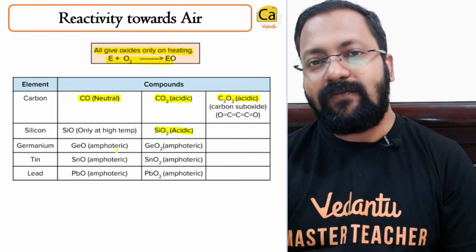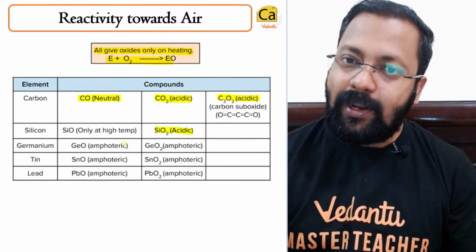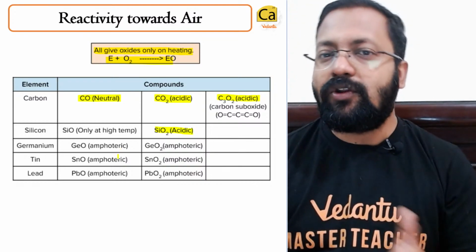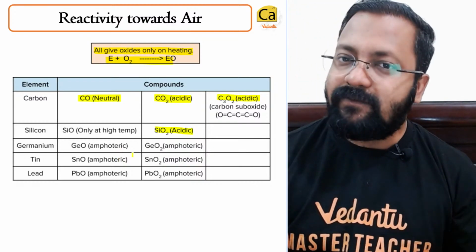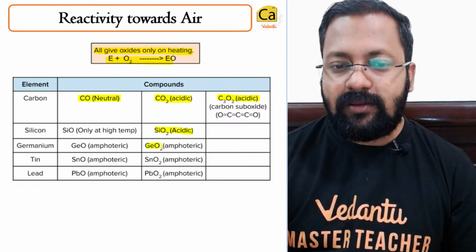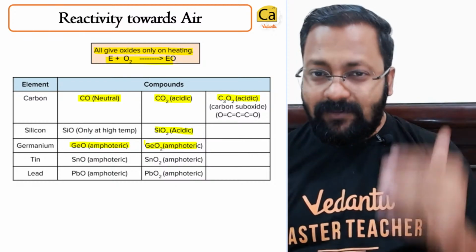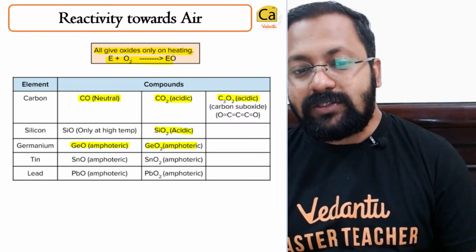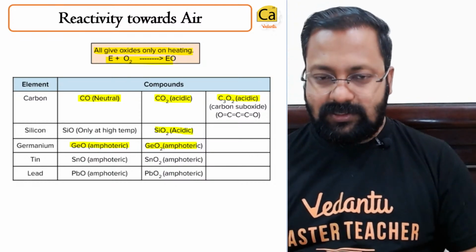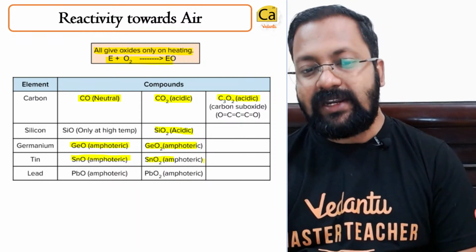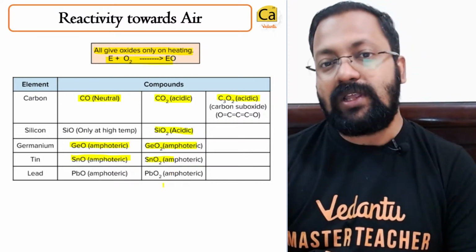Germanium forms amphoteric oxide. It's a metalloid. जो metalloid होगा, that has intermediate properties of metal and non-metal, so it forms a amphoteric oxide. All of the metals also form amphoteric oxide because these oxides can react with acids as well as bases.